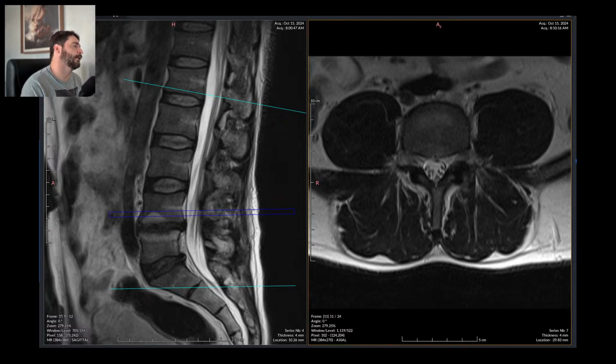Right there. 2 extremely common disc extrusions. So we have L4, L5 and L5, S1, and they do make a lot of difference because they are very painful.